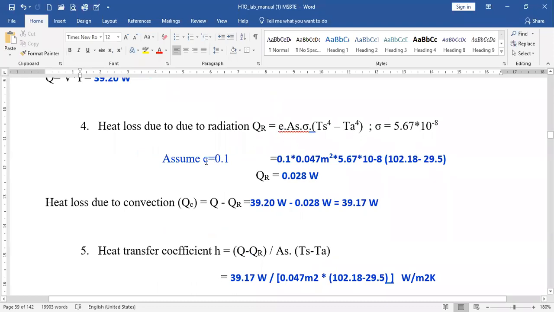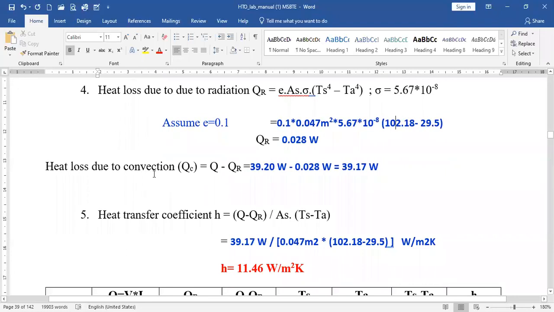That is, we are going to assume the emissivity as 0.1 because the emissivity is not given. So with the emissivity 0.1, then we have calculated the area. Then we know the Stefan-Boltzmann constant, that is 5.67 into 10 raised to minus 8. And the temperature difference 102.18 minus 29.5. So this calculation comes as QR 0.028 watt.